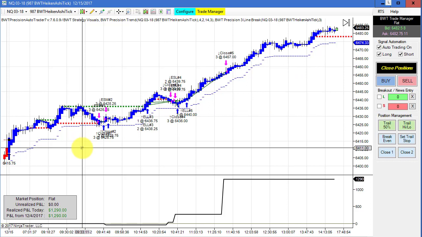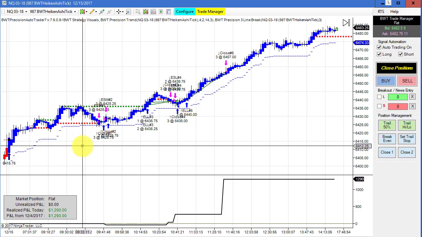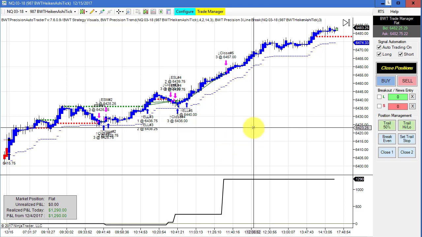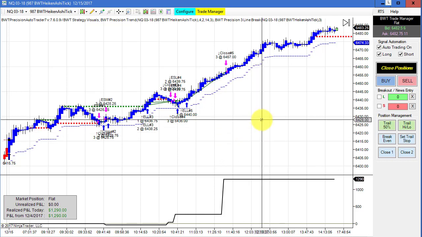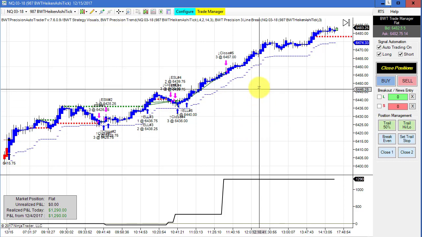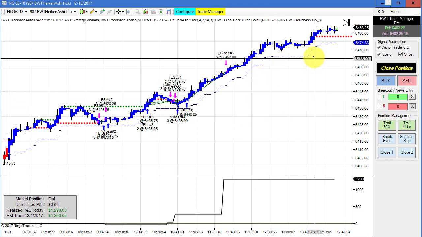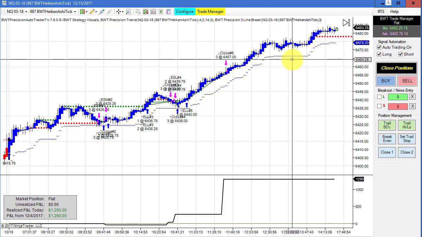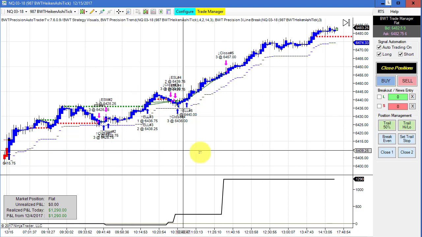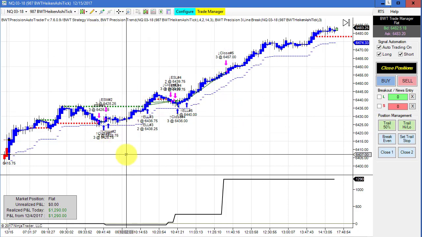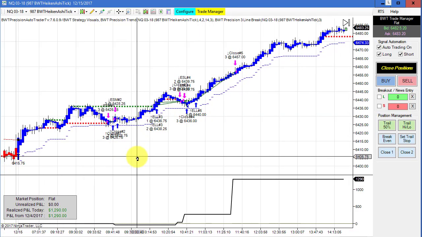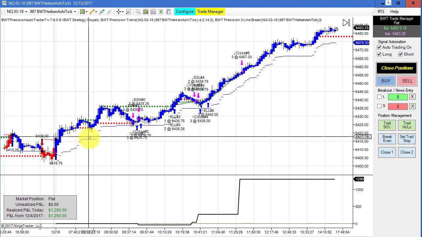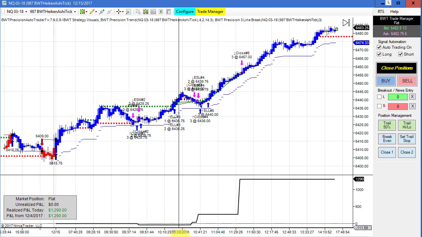So 64.15 to 64.83 would be almost 70 points in the Nasdaq, which, at 4 ticks a point, would be 280 ticks. So the point is, the indicator signals on this are just fantastic. It just doesn't get any better than this.